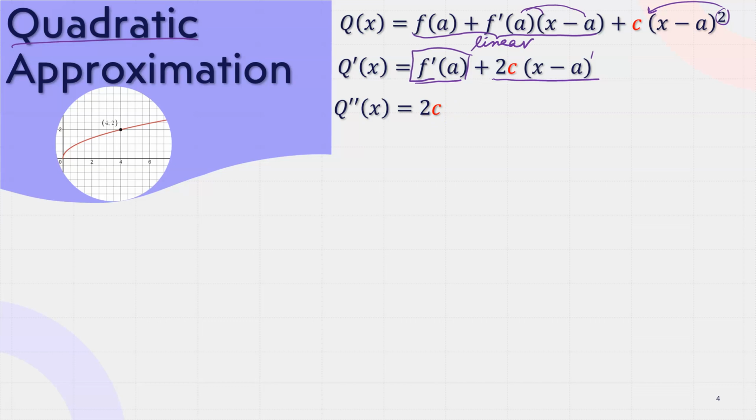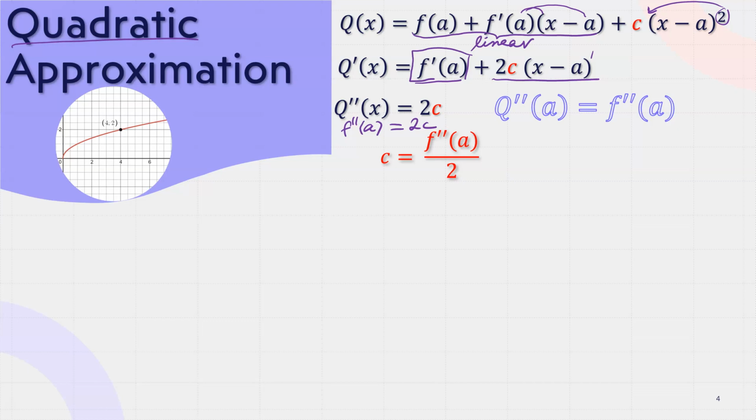So remember, we said the second derivative of the quadratic approximation is going to have to equal the second derivative of the function at the point a. So if we put in f double prime of a equal to 2c and solve for c, c is going to have to be the second derivative divided by 2.